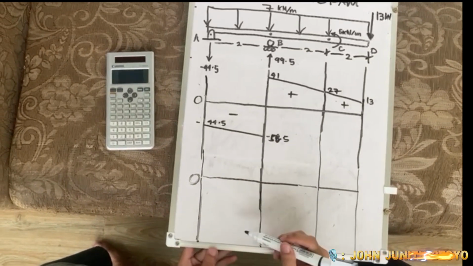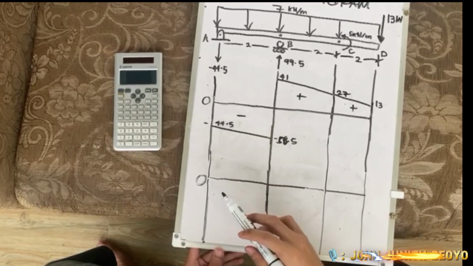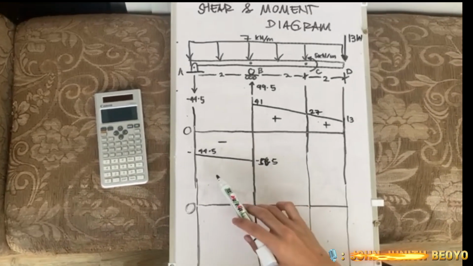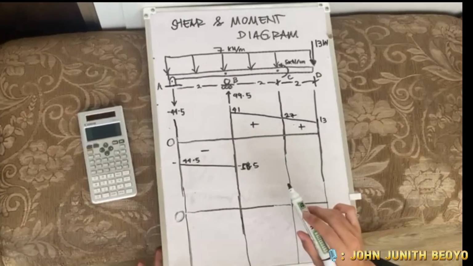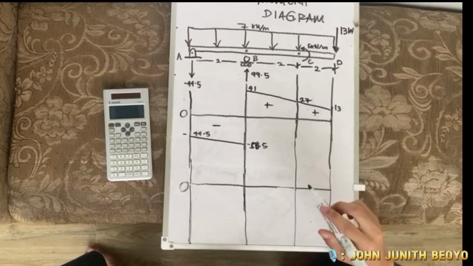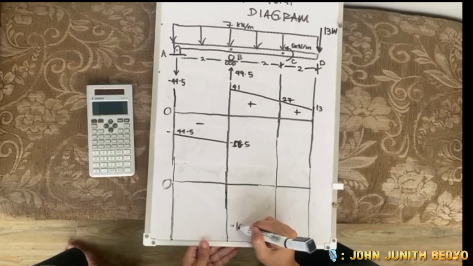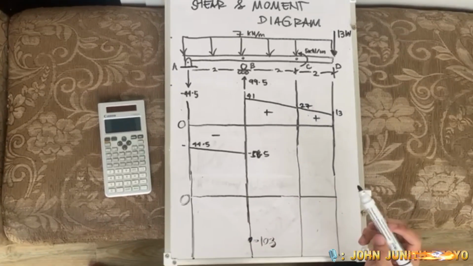So the area from A to B is one half base times height, with heights of 44.5 and negative 58.5 since it is trapezoidal. If we calculate it, we get a moment of negative 103.